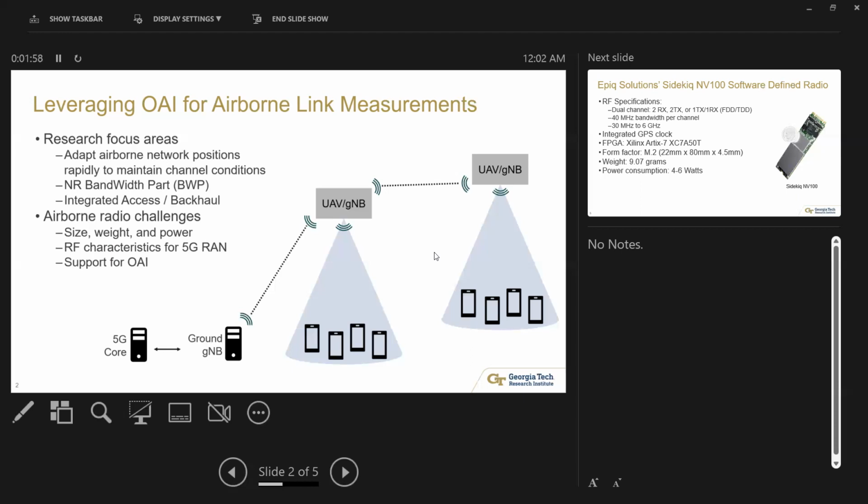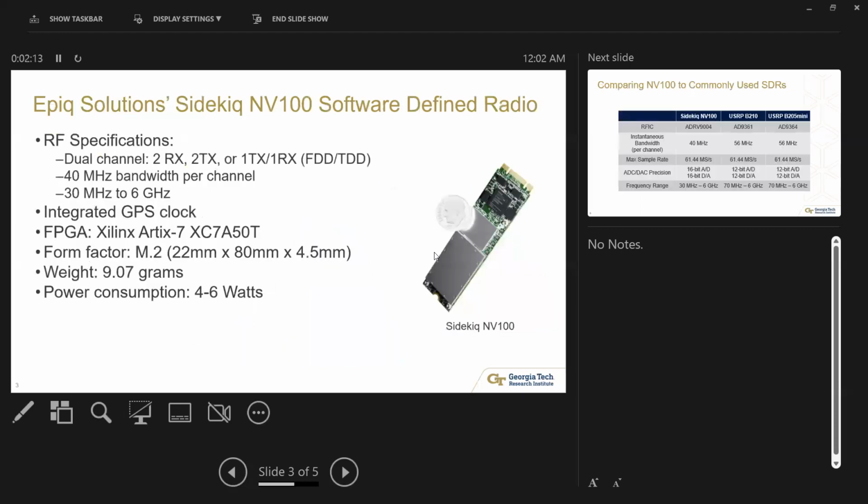So with all that being said, we need a software-defined radio that is small enough to fit on a UAV or a drone. Considering a low SWaP radio, a low size, weight, and power option, we went with the Epic Solutions Sidekick NV100 software-defined radio. Just a little bit about the radio: 40 megahertz channel bandwidth is supported, up to 6 gigahertz, perfect for the FR1 frequency range.